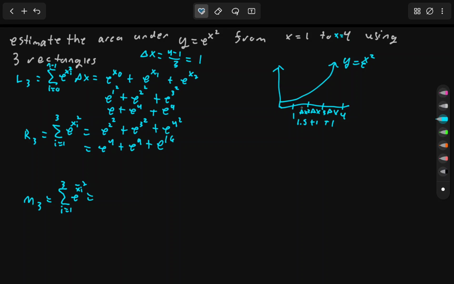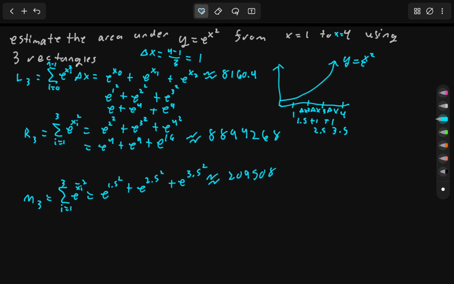So we'll get 1.5, 2.5, and 3.5 for the points that we're going to be using to find the height of the rectangles. So we really here will have e to the 1.5 squared plus e to the 2.5 squared plus e to the 3.5 squared. And now I'm going to do a small bit of calculator magic to tell you the approximate values of all of these. So I'll be back now.